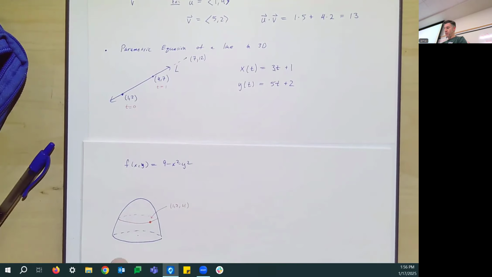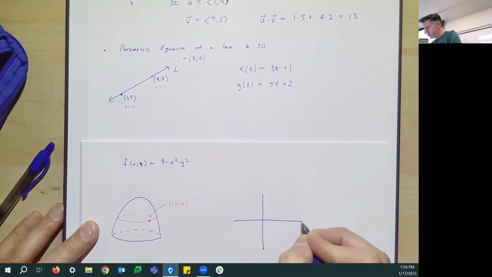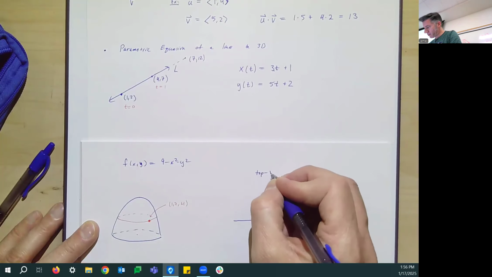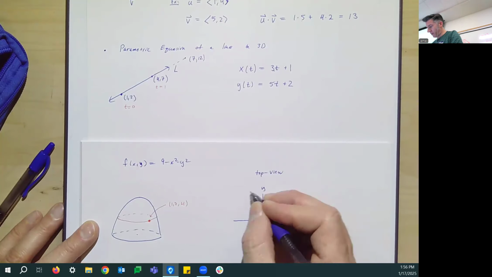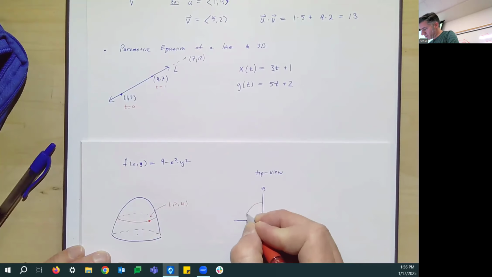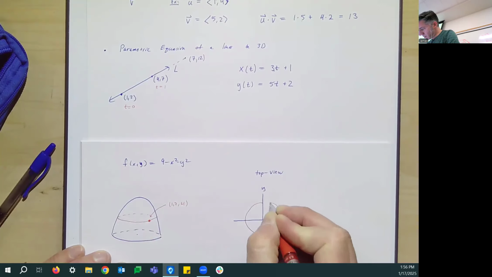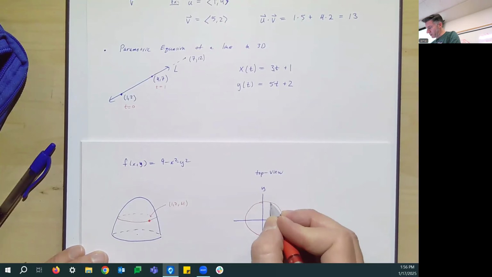So there's the side view, and let's draw the top view as well. If we look at the top view of that red circle there, the x coordinate and y coordinate are 1 and 2, respectively.